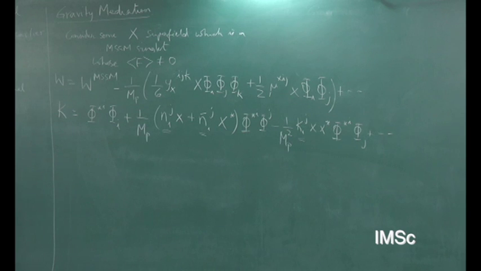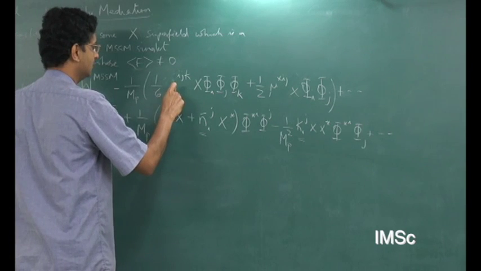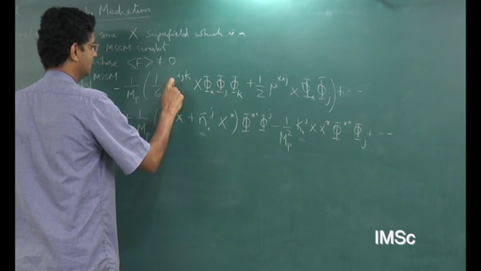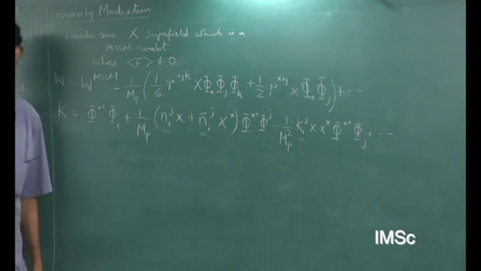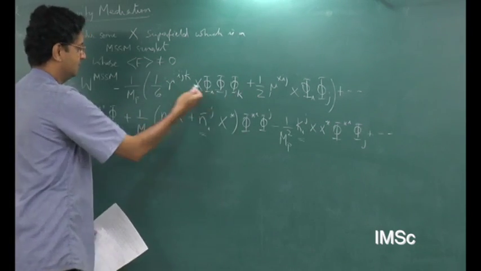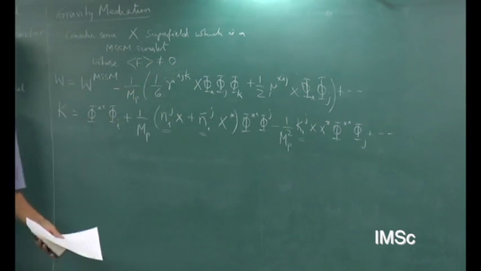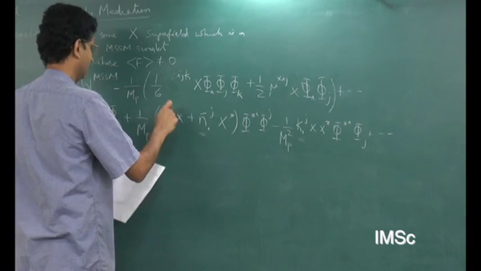Or call it gamma, if you will. It's just ijk summed over the MSSM fields, and this is just some number. That's it.